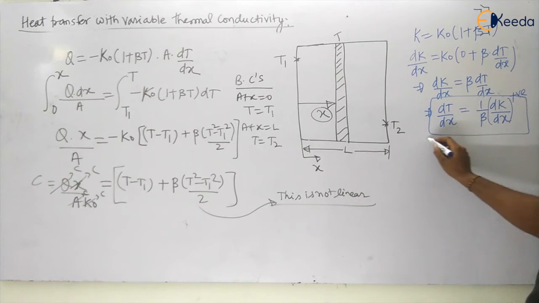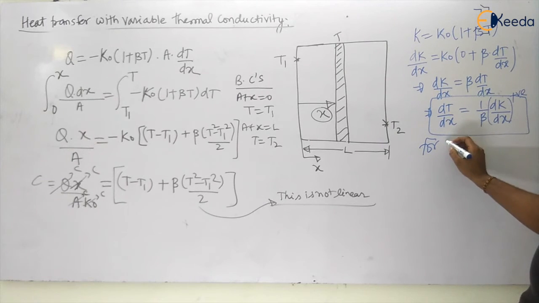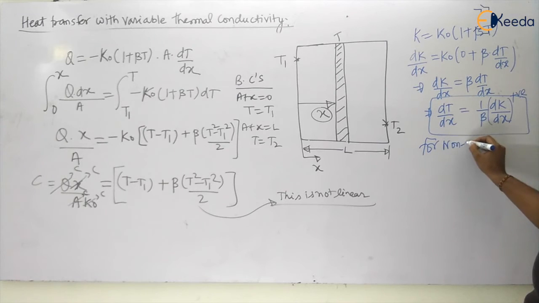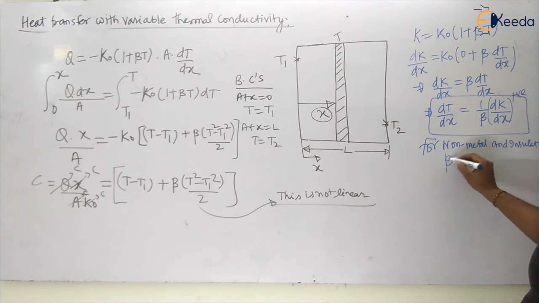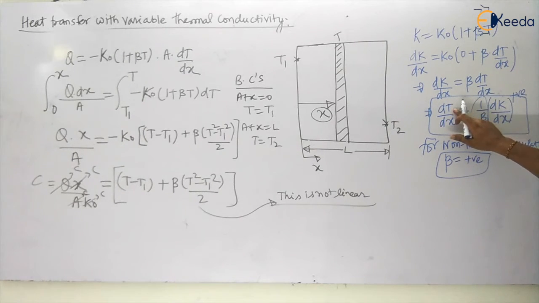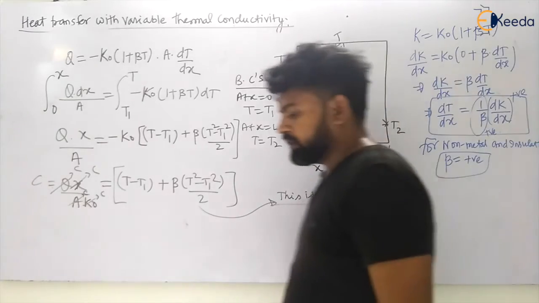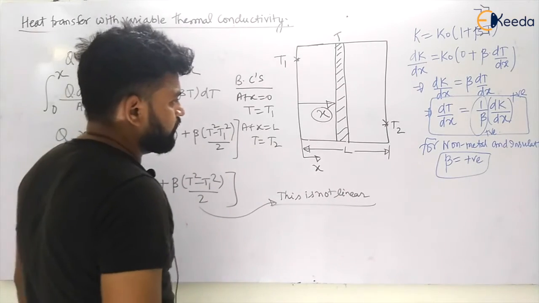And let us say for non-metals and insulators, beta is positive. So both are positive. When both are positive, what will happen? That dt is decreasing, my dear students, so k will increase.